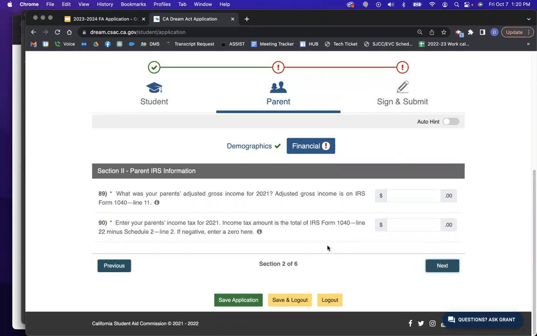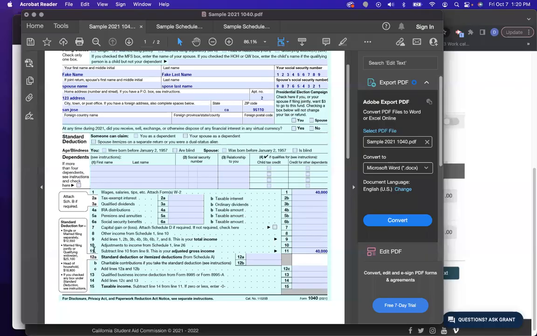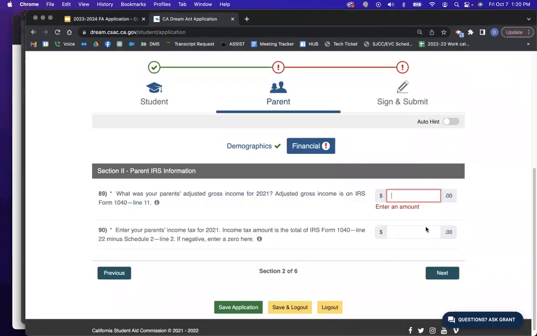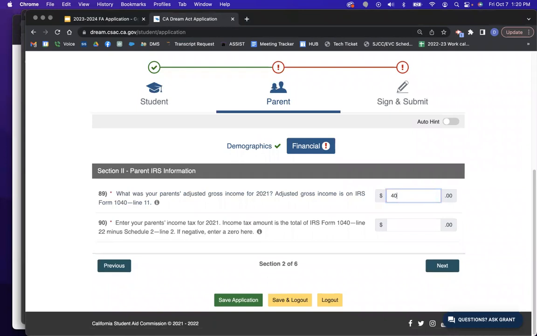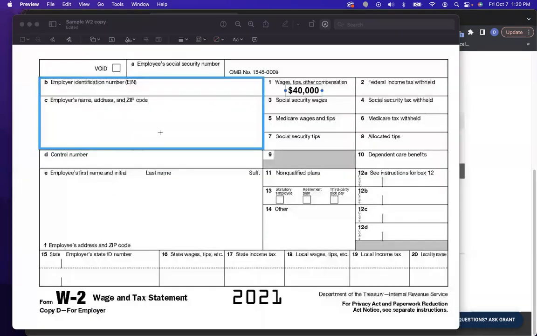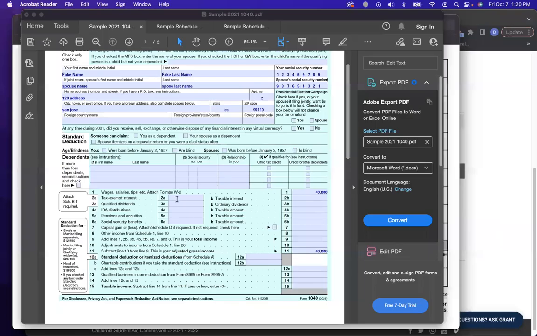Okay, what was your parents' adjusted gross income? Again, it's going to tell you which line to look at. So you would look at line 11, and that's the 40,000 that I put on there. And then enter your parents' income tax, line 22 minus Schedule 2, line 2. Very similar to the other one. You're going to look at your parents' tax returns.